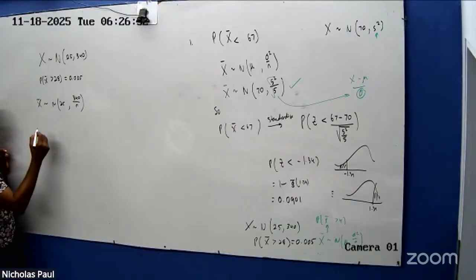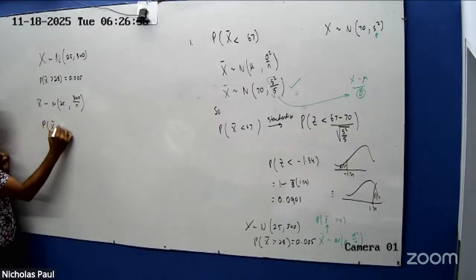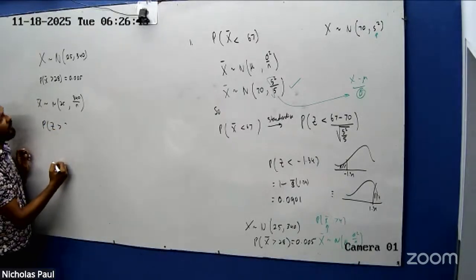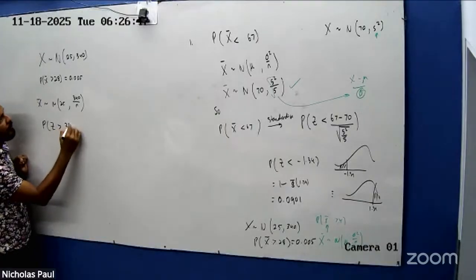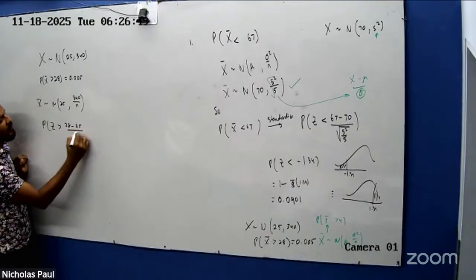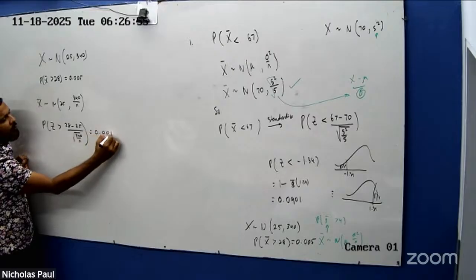Go ahead. So we'll get the probability of X bar is more than 28. You're going to standardize it. Probability of Z is more than 28 minus 25 all over the square root of 340 on N is 0.005.